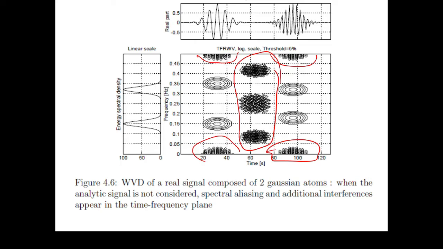You see what happens when the analytic signal is not considered. Inbuilt, when you are using these MATLAB functions and other Python functions for the Wigner-Ville or the pseudo Wigner-Ville distributions, in the background they are converting the signal into analytic signals.